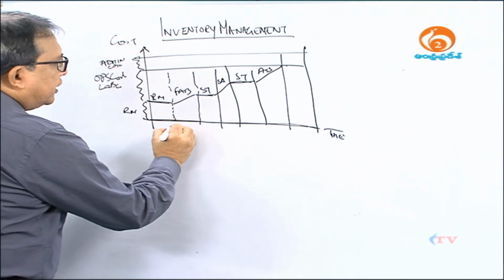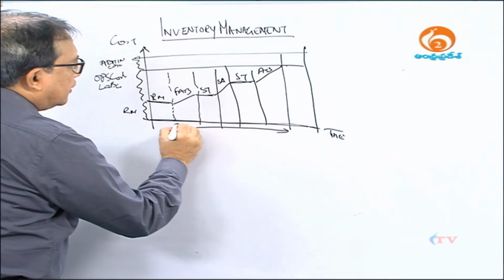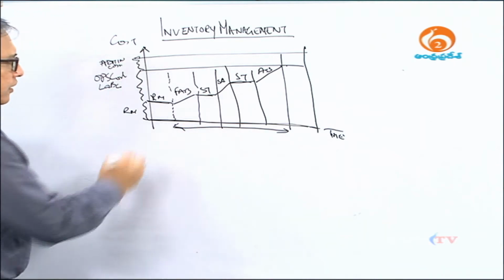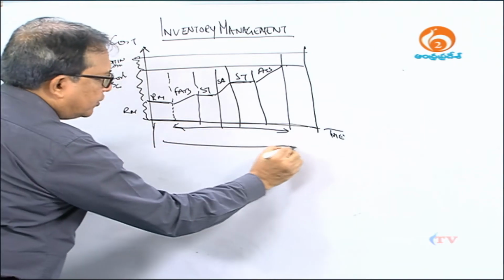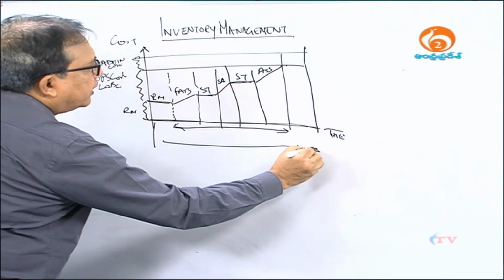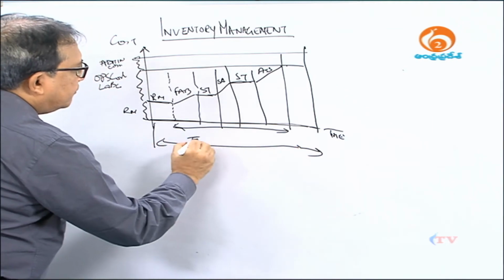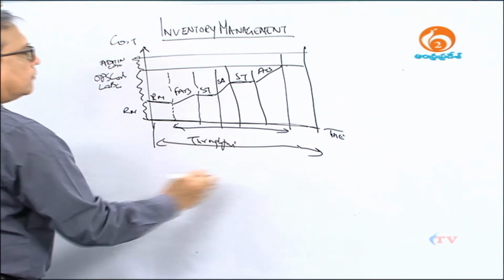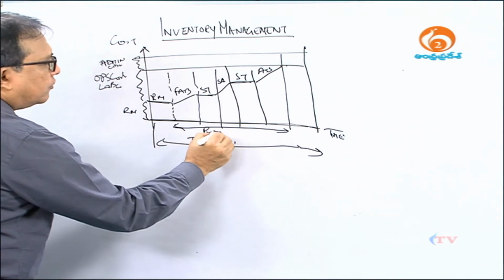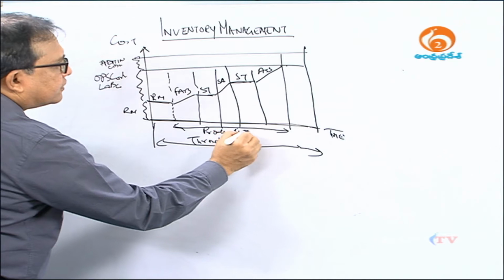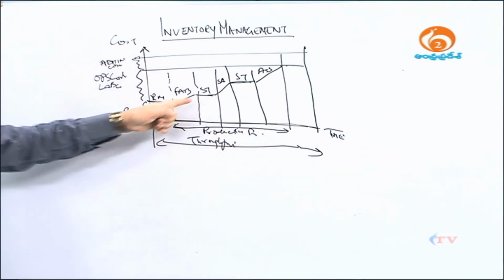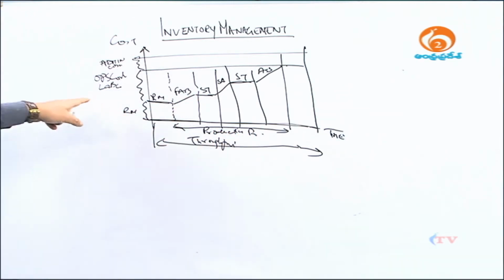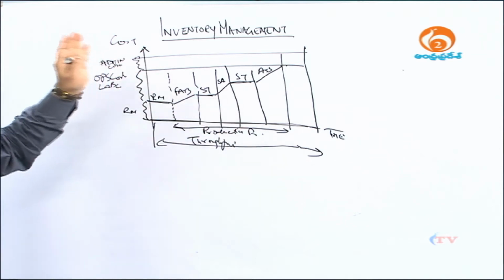So, from here to here, we call it throughput time, and this is the production process. If you see, it is not sacrosanct, it is not necessarily applicable to every organization.